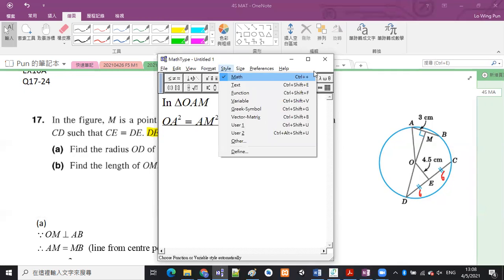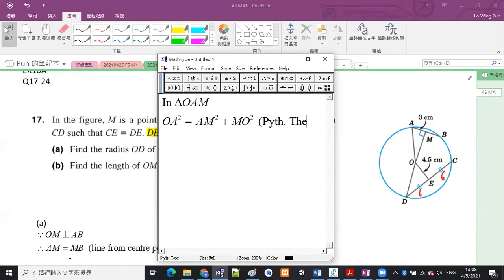This is also Pythagoras theorem. And then OA is the radius of the circle, which is found to be 7.5 cm, and then AM is given to be 3. Then we can just do the calculation very easily: 7.5 square minus 3 square, and then take square root. And use the calculator here.